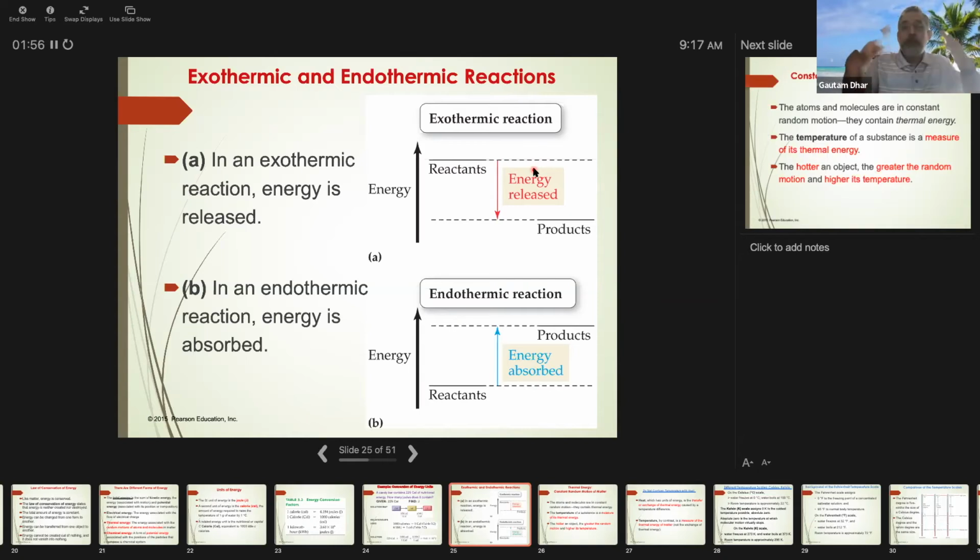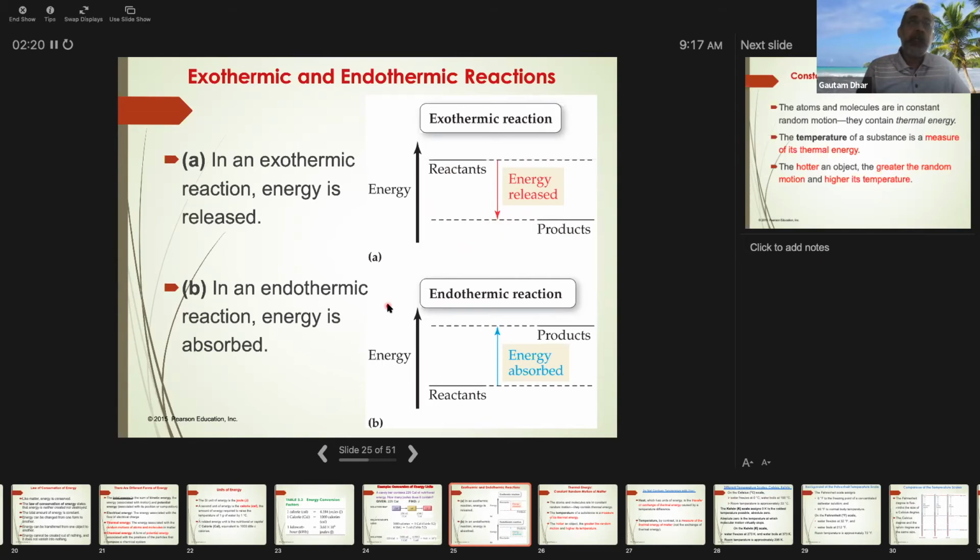I'm talking about the bonds that make up the reactants, and you can add them up. The reactants are at high energy and the products are at lower energy. When the reactant becomes product, this excess energy is released, because energy cannot be destroyed, and it gets released outside the system.